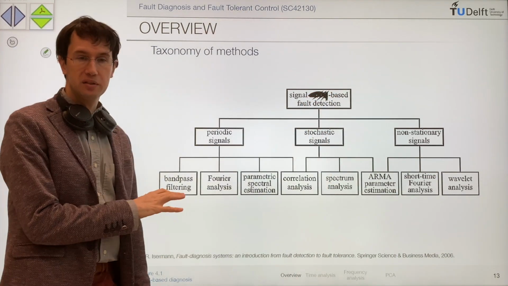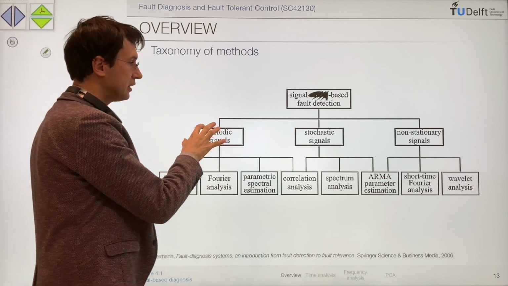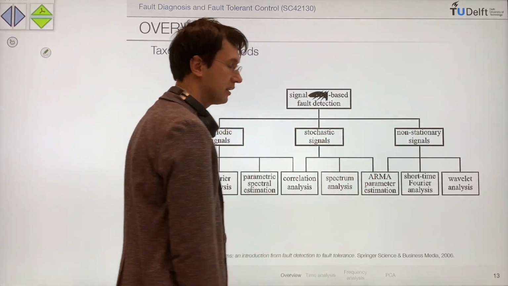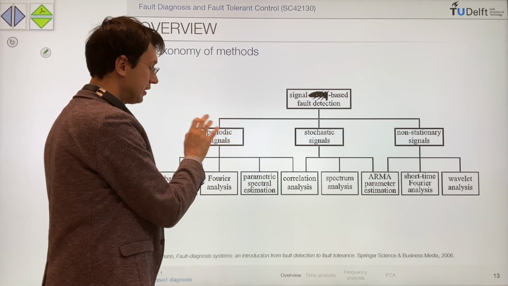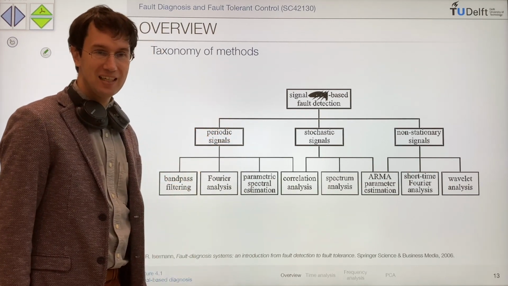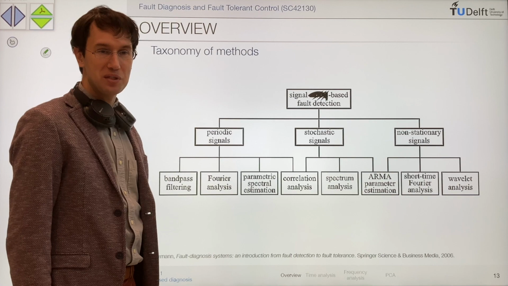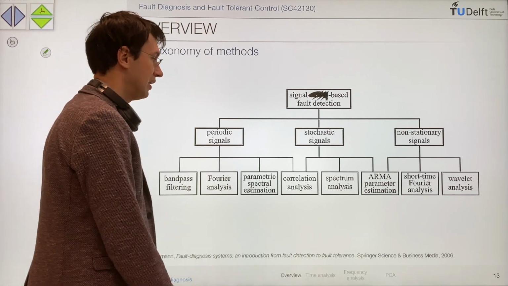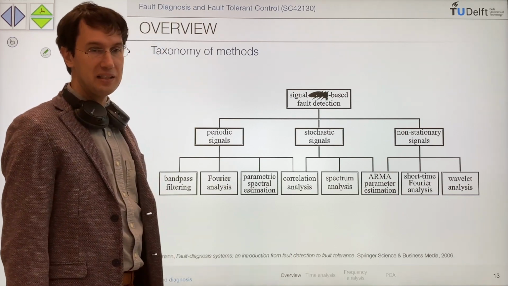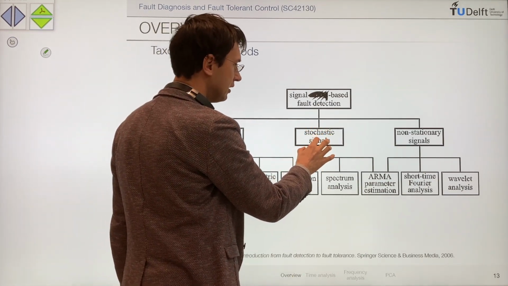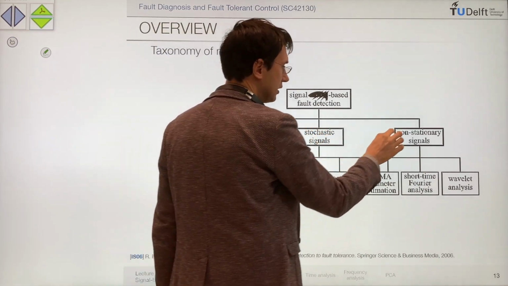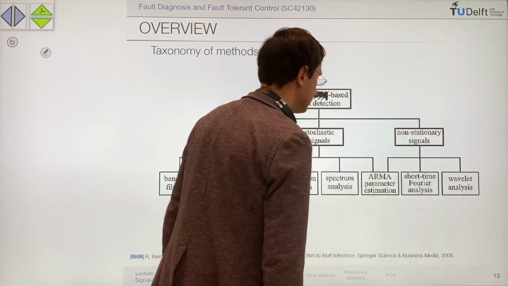And here, methods are divided according to the kind of signal you are considering. So you have methods for signals that are periodic, like the music sound wave, that at least locally it is periodic. Or if you look at stochastic signals, or you can look at non-stationary signals.